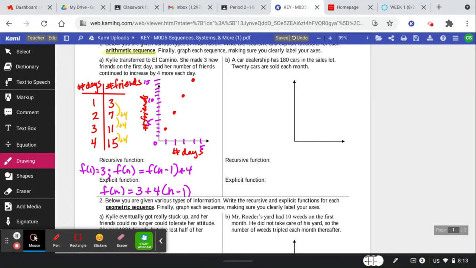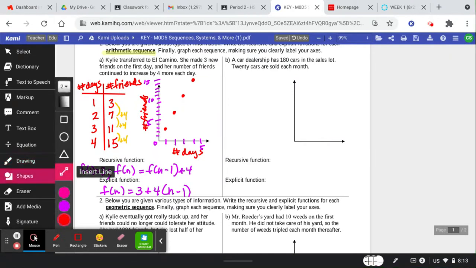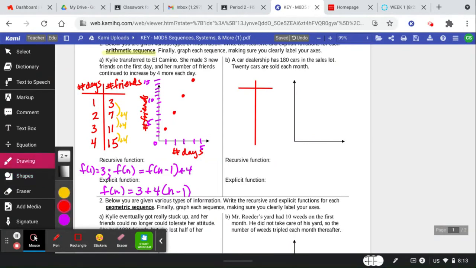Good job. Okay, the next one is a car dealership that has 180 cars in its sale lot, and it sells 20 each month. So over here is the number of months, and over here is the number of cars.